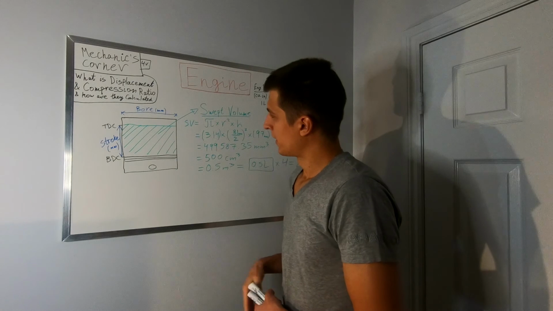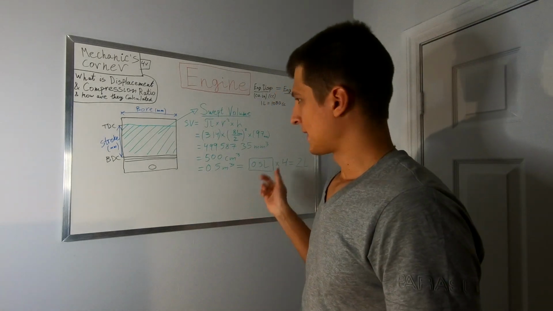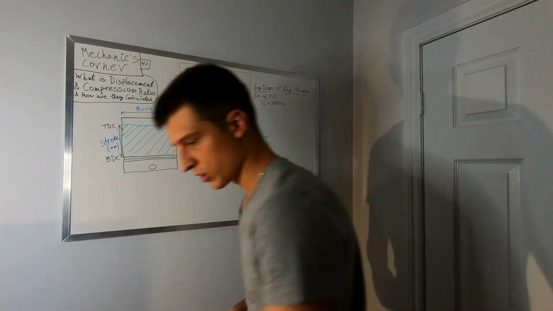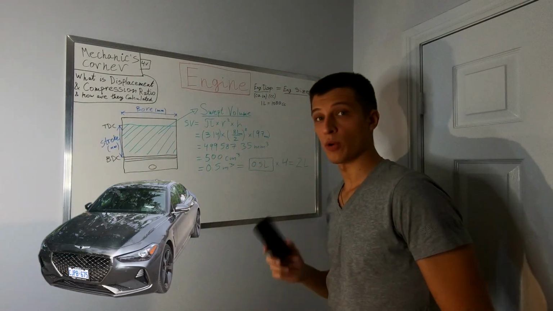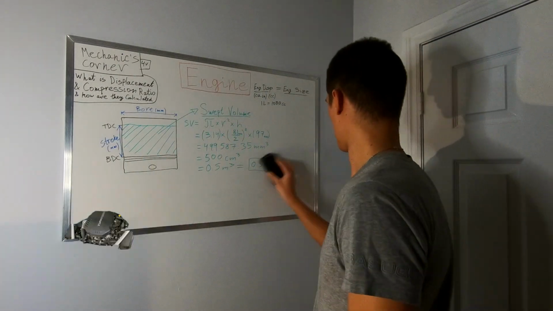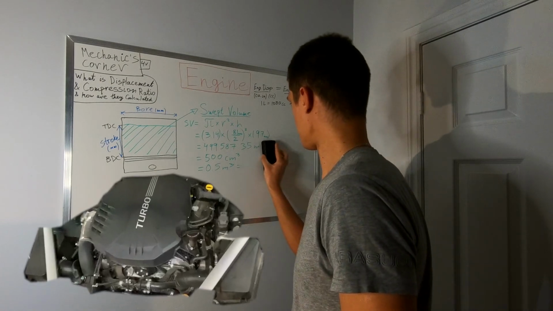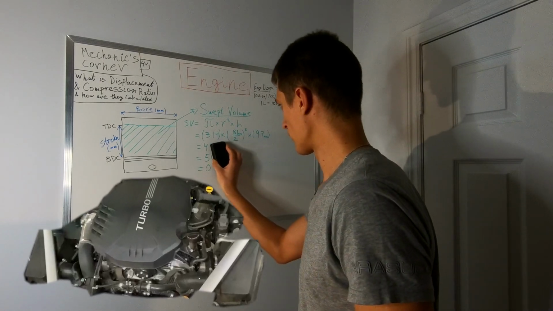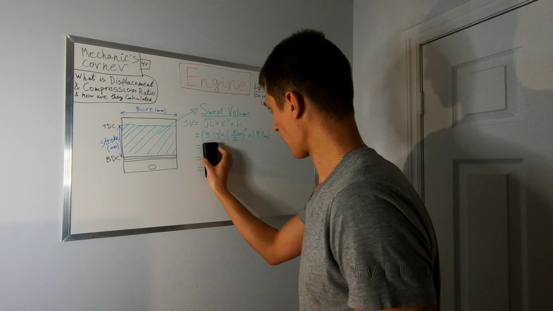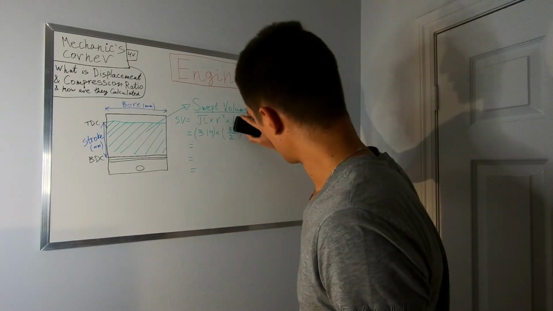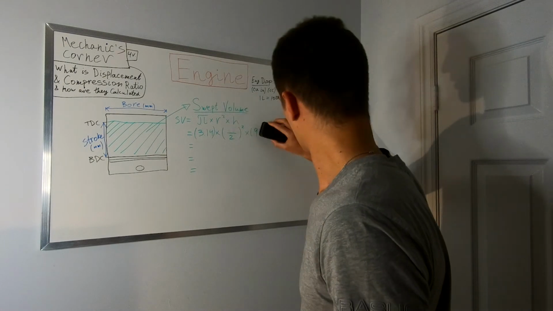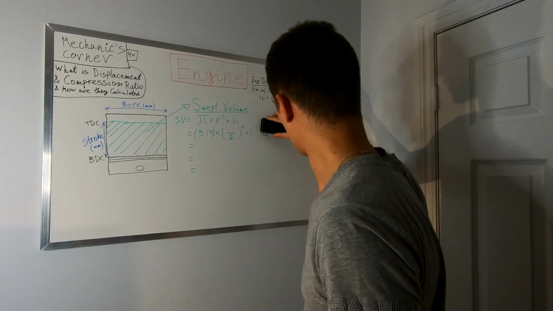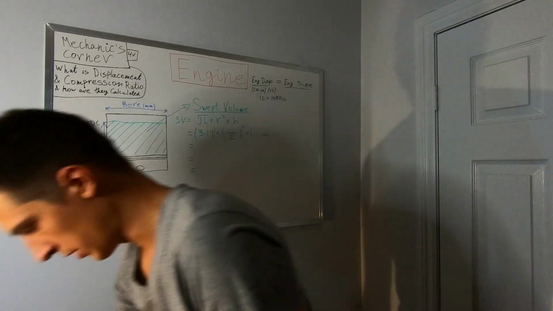Okay, so we'll do the same calculation, but for another car, which is the Genesis G70 3.3 liter. So we'll just erase this. And it has a slightly different bore and stroke. It will still be millimeters.